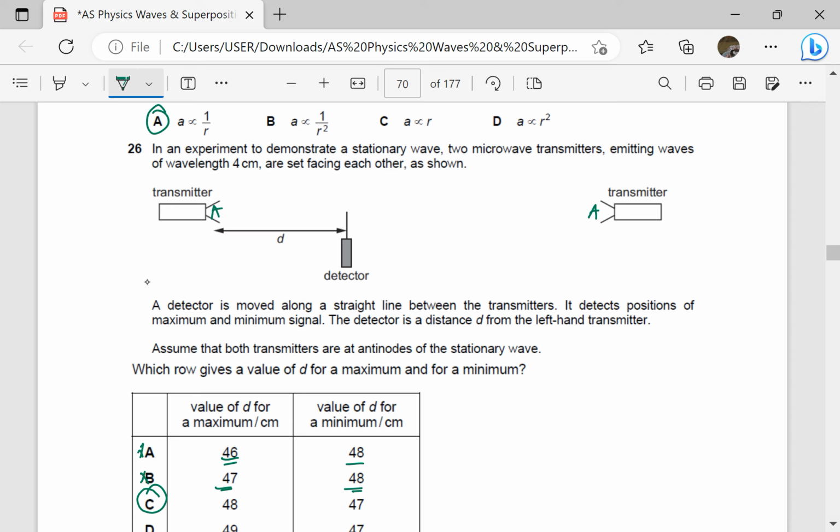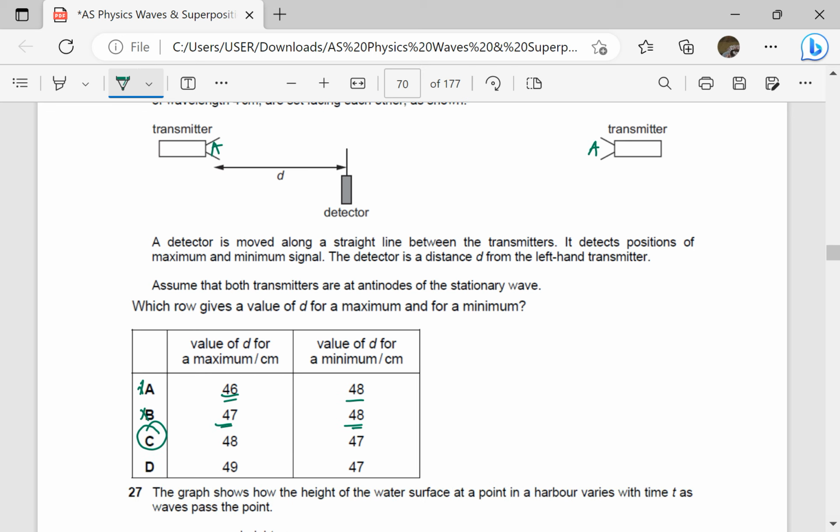So there's an antinode here and another antinode the other side. Which row gives a value of d for a maximum? If d is measured from an antinode, then the next antinode should be at a greater distance than the antinode. In other words, the minimum should be at a smaller distance than the maximum, because we have started from a maximum. And therefore, our choices would be between C and D.